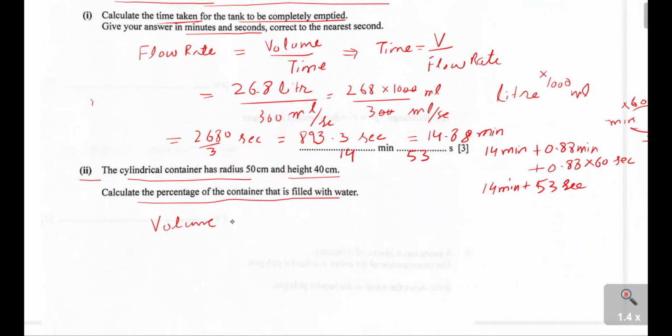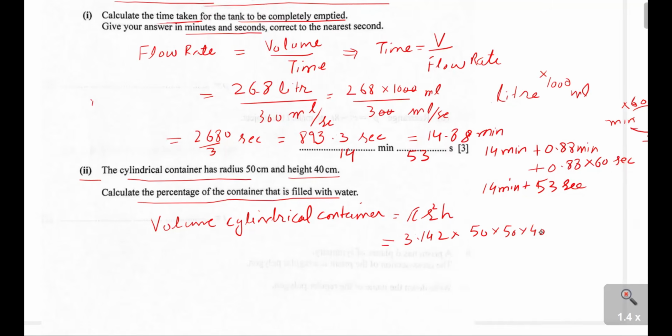Volume of the cylindrical container is equal to the volume of a cylinder, pi r squared h. Here the value of pi is 3.142. Radius here is 50 into 50 and height is 40.